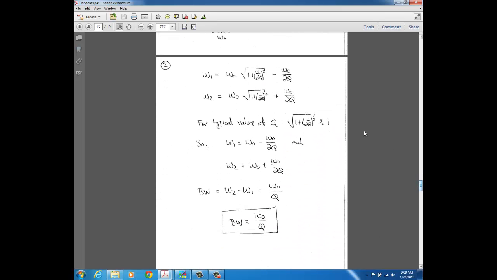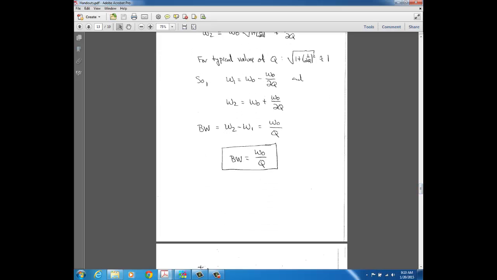Okay, now with some further manipulation here, and for typical Q values, where this radical becomes approximately equal to 1, you can show this important relationship here between bandwidth and quality, that there's this inverse relationship between the two. So a bandpass filter that has a high Q, okay, a high quality, is going to have a very narrow bandwidth.